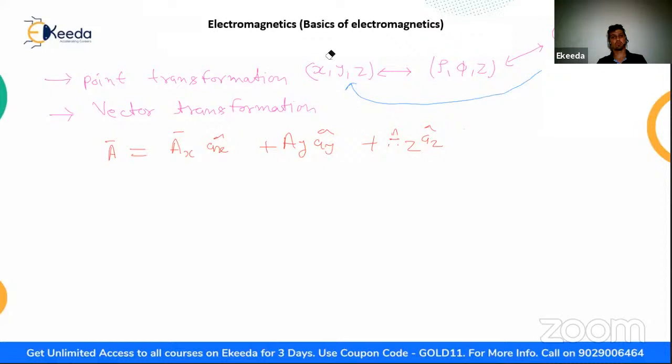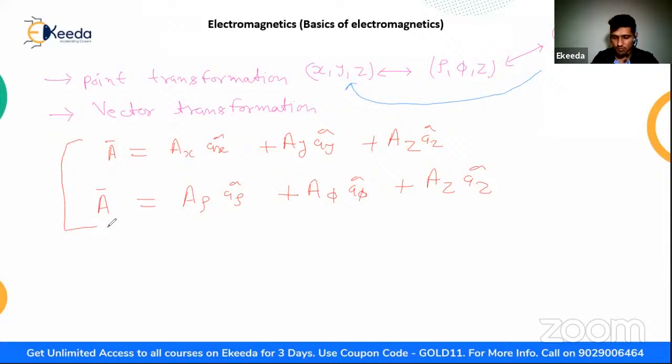Then you must be able to calculate that vector, what will be directed in rho, what will be a phi directed in phi, and what will be the z component. If a vector is given with an ax component in the x direction, ay component in the y direction, az component in the z direction, and you are asked to calculate the vector in rho phi z, that is the cylindrical coordinate system, what will be the values of a rho, a phi, and a z? You must know this also. If you don't know, then please go through the theory book or theory lectures provided by Ekeeda. Then you will be able to do it.